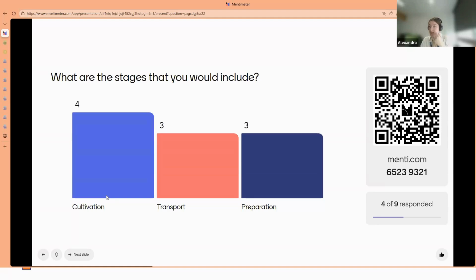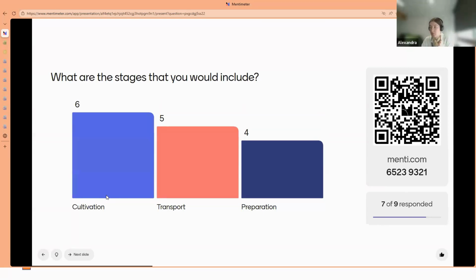For example, in the case of transport, would you be looking at the transport of, let's say, the fertilizer to the cultivation site, the farmers bringing in the fertilizers, or would you exclude that from your boundary?